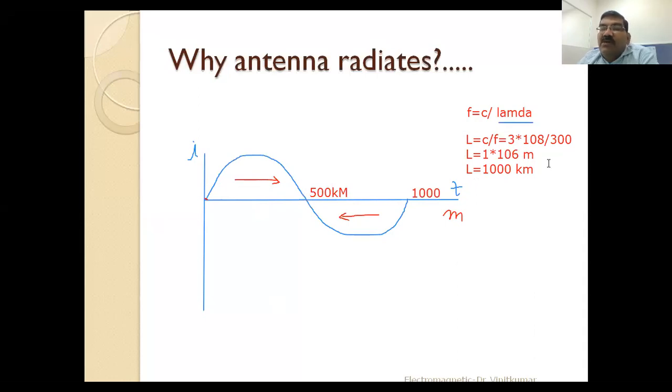This is true only for this frequency, not all frequencies. Which frequency have we taken? 300 hertz. For 300 hertz it goes forward 500 kilometer and comes back 500, so lambda for this frequency is 1000 kilometer.